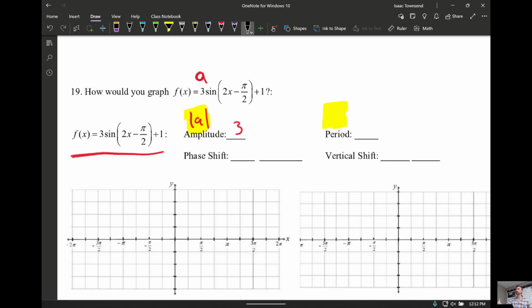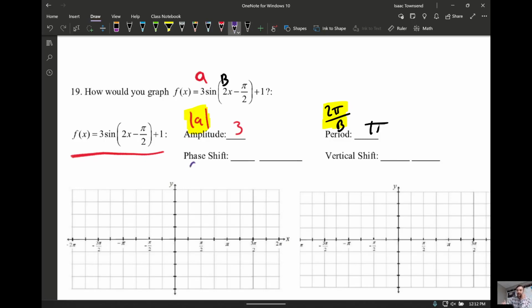Phase shift is C over B. Period is 2 pi over B, and B is the number next to x. So what is 2 pi divided by 2? Pi. So once you figure out where B comes from and you memorize the 2 pi over B, that's a really quick question.